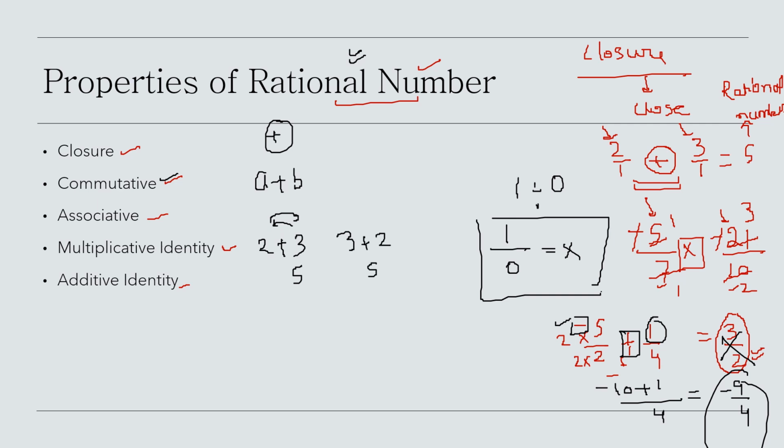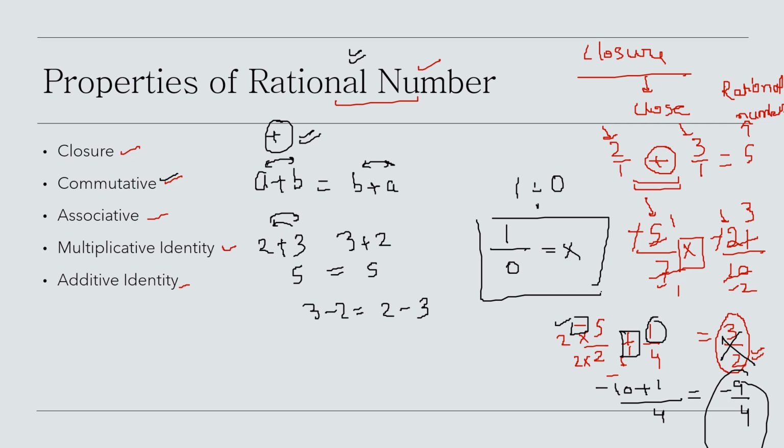Is the result the same? Yes. So if A plus B and B plus A are equal, irrespective of their order, whether A comes first or B comes first, then we will say that yes, addition is commutative.